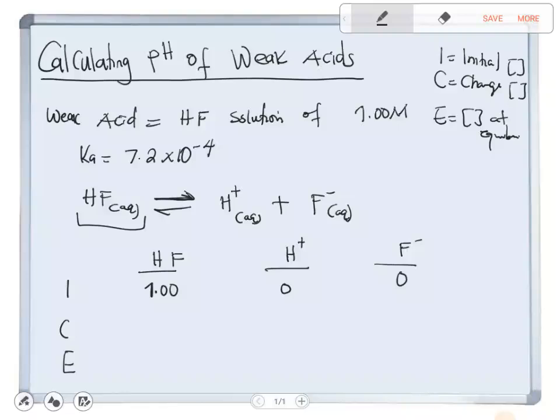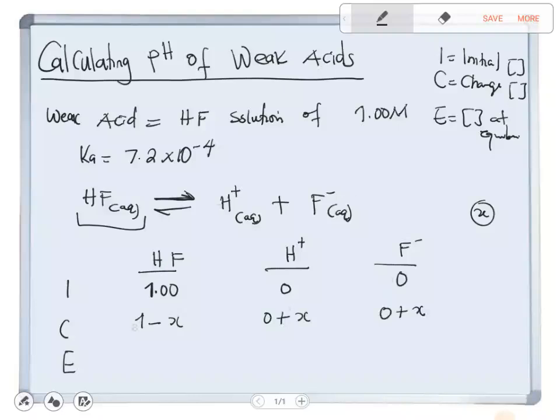Let the change in concentration be x. That means HF will be 1 minus x. But for the ions, it will be 0 plus x because they are increasing in concentration, because they are being formed. That will be the change in concentration.